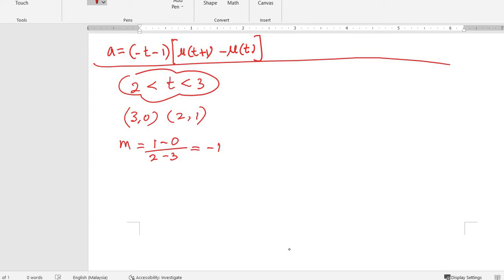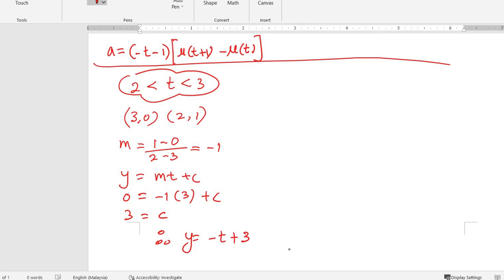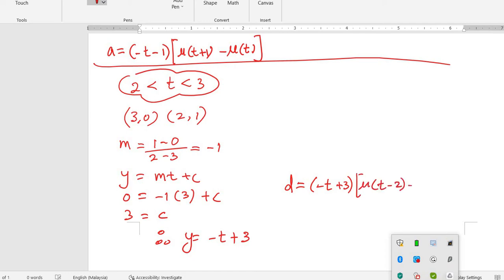Then y equals mt plus c. You substitute either one of the coordinates; I choose 3 and 0, and I get c is 3. So the y is negative t plus 3. The equation of D is negative t plus 3, multiplied by [u(t minus 2) minus u(t minus 3)].